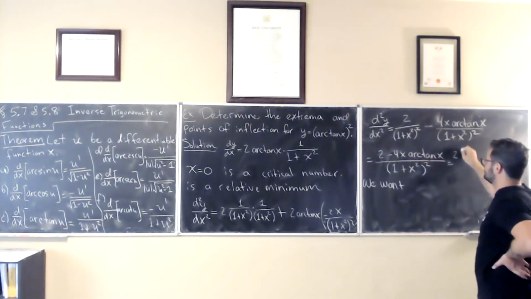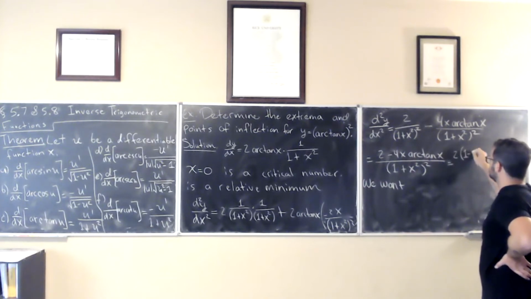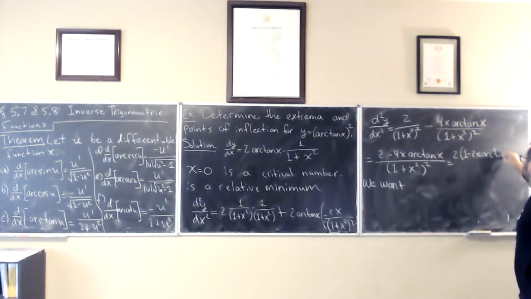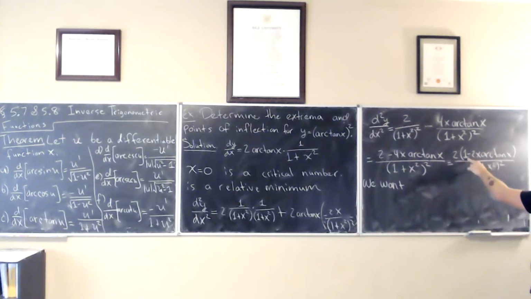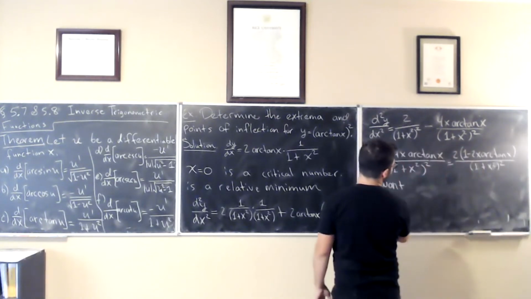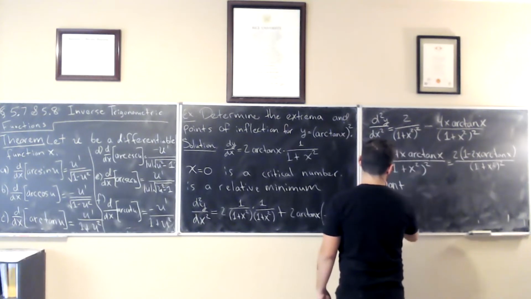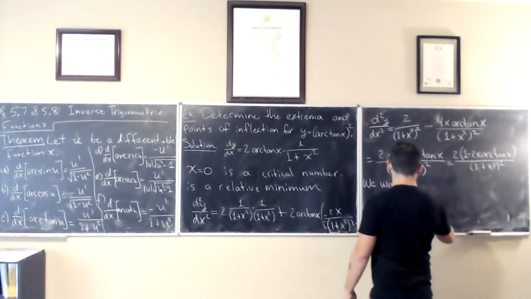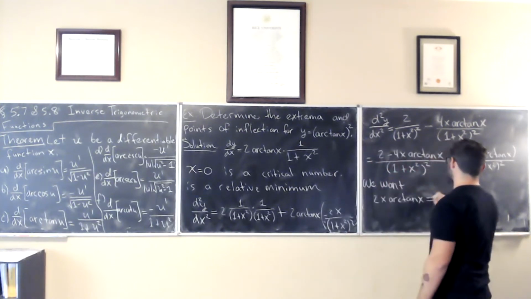I factor out a 2: 2 times 1 minus 2x arctan x, all over 1 plus x squared all squared. We want this to be equal to 0, or we want this to equal 1. Same thing, right? So we want 2x arctan x to equal 1.